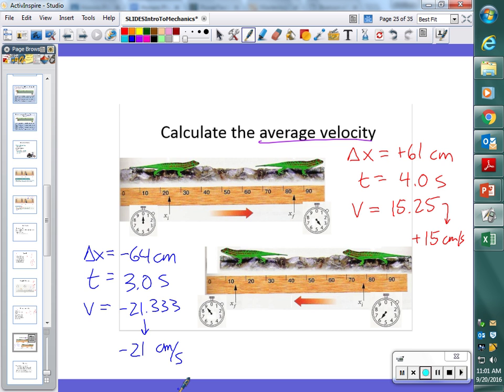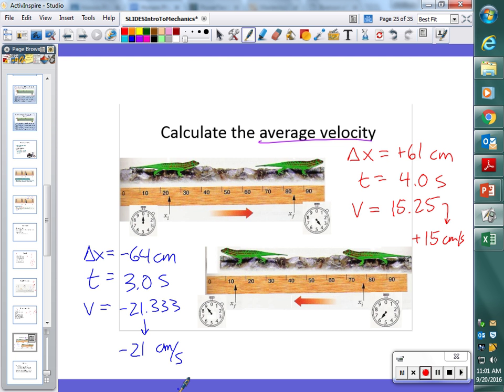Speed tells you what about an object? How fast you're going. What does velocity tell you? How fast you're going in a certain direction. So if we take the absolute value of velocity, what are we left with? We're left with the speed.